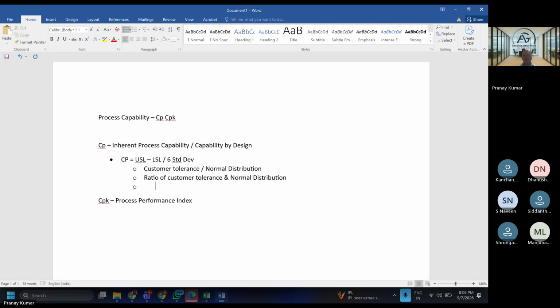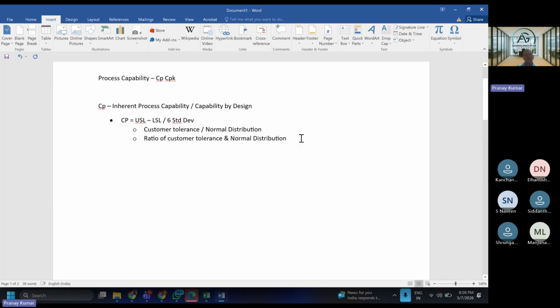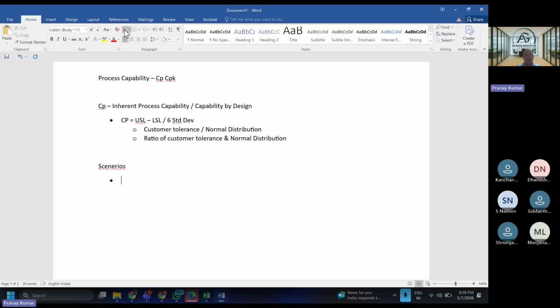We are saying there would be 3 scenarios. Scenario 1 where CP is greater than 1, CP equal to 1, CP less than 1.